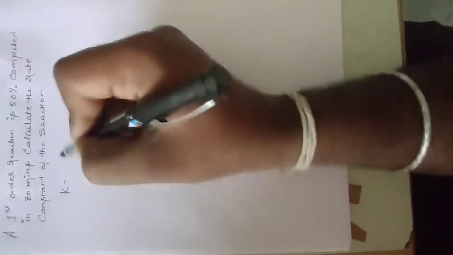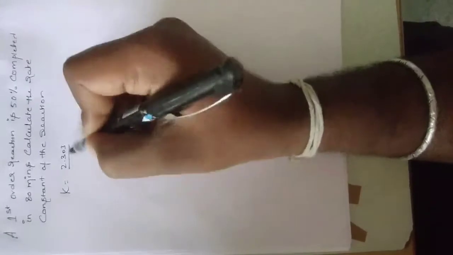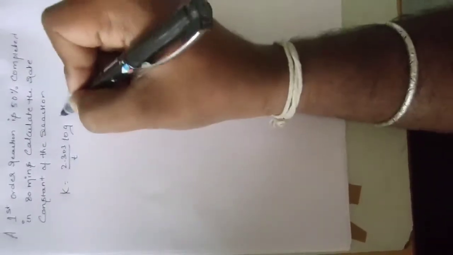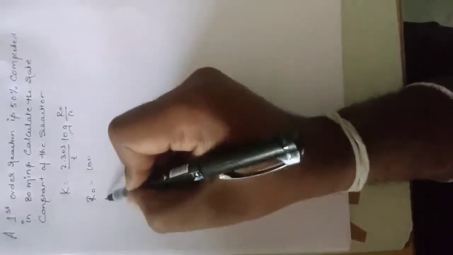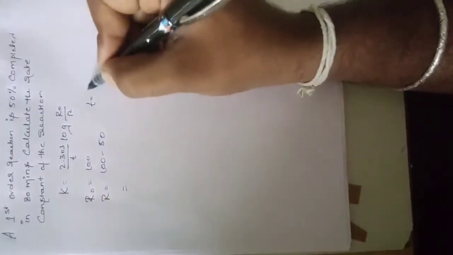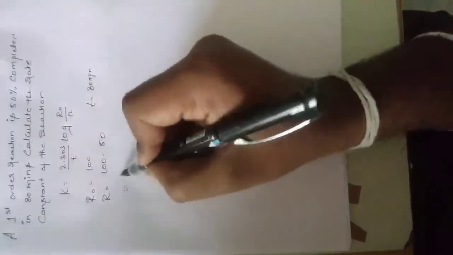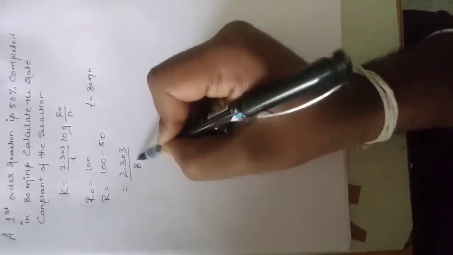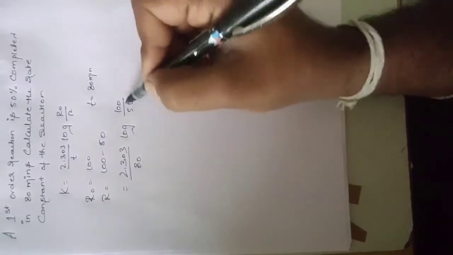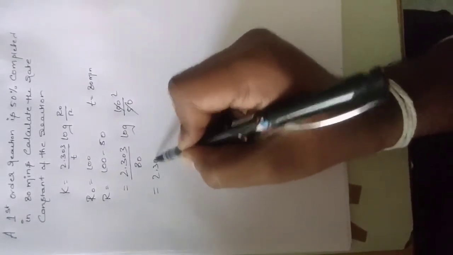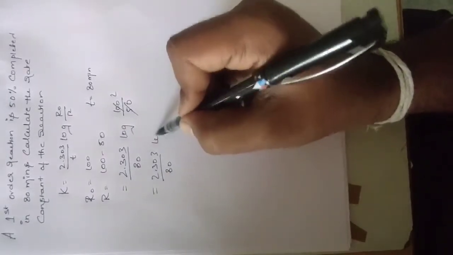Similarly, K is equal to 2.303 by T log R0 by R. R0 is nothing but 100, and R is equal to 100 minus 50, since it is completed by 50%. Substituting T is equal to 80 minutes, K is 2.303 by 80 log 100 by 50, which is 2.303 by 80 log 2.